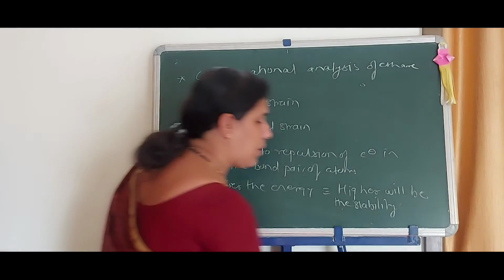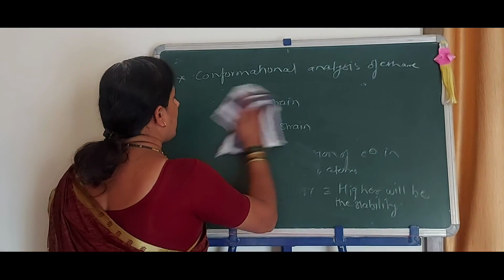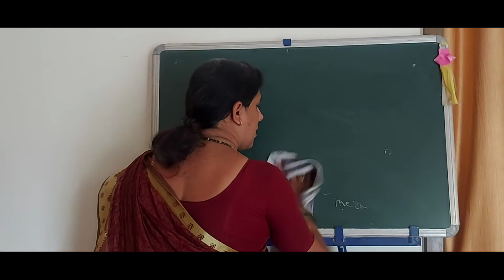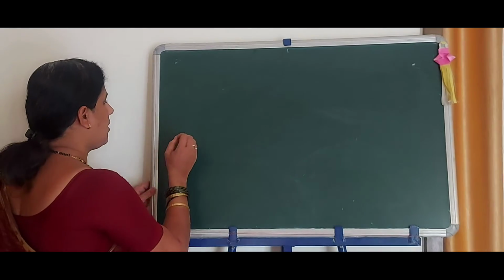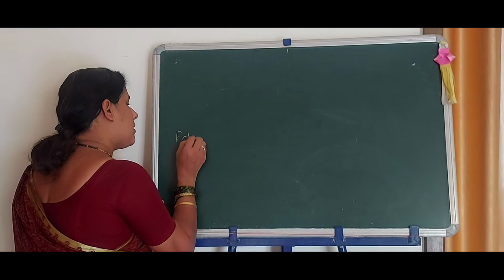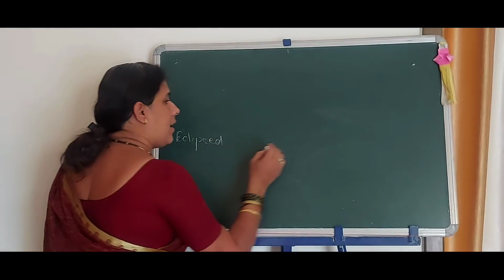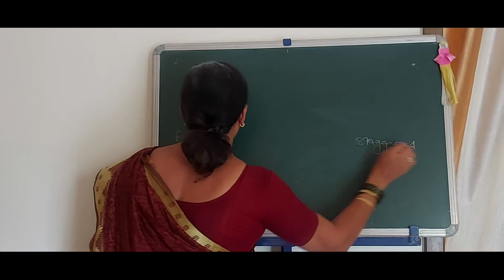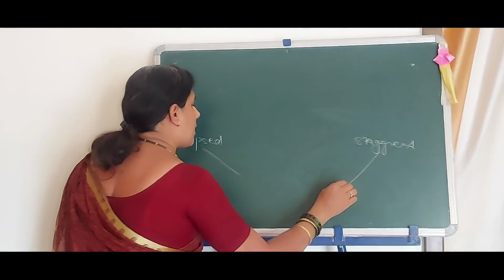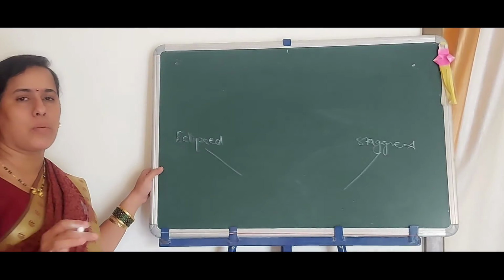Now, the last point is the remaining one, in accordance with eclipsed and staggered conformations. These are 2 extreme conformations.